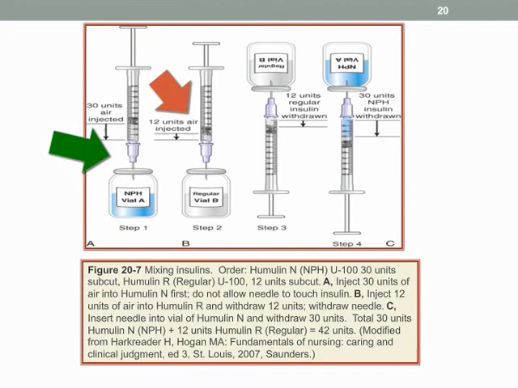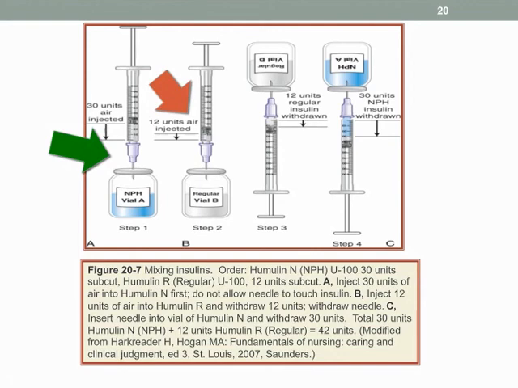Now that your syringe is in there, you want to invert your vial and touch the needle to the solution, which will be your regular, and you want to draw back the prescribed number of units for that particular patient.